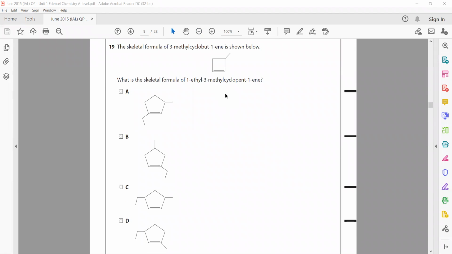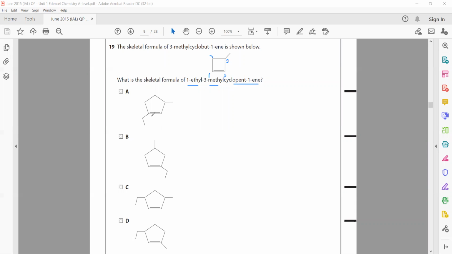The skeletal formula of 3-methylcyclobutadiene is shown. How is it 3-methyl? Because this one is 1, 2, 3, 4. Why did I not count from the other side? Because the first two carbons should be the ones with the double bond. So we want a skeletal formula of 1-ethyl-3-methylcyclopentene. In the first position we should have an ethyl group.